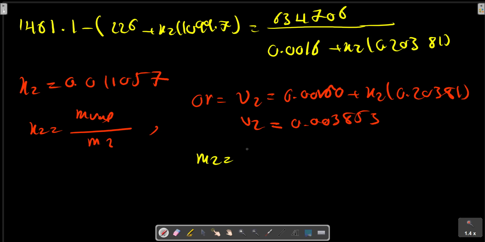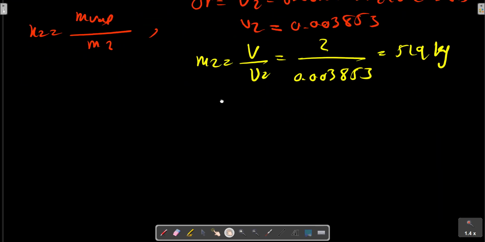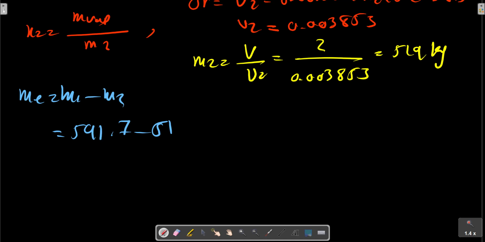m2 equals V on the specific volume, kilograms, and the exit mass m1 minus m2, kilogram.